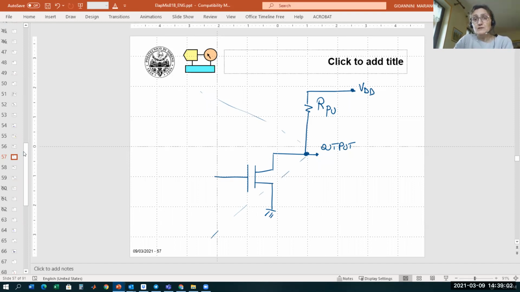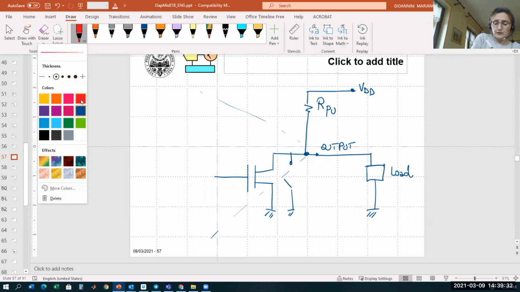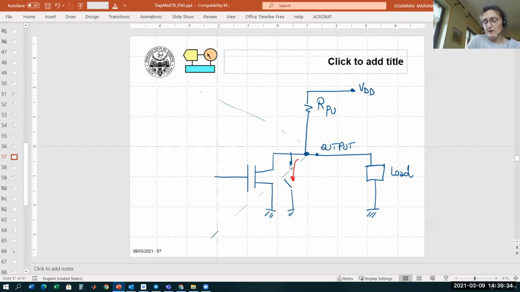So the problem, as your colleague is saying, is related to the case when we connect a load to this output. Let's assume we have the case when the output must be high. So when this output is high, we know that the MOS is an open switch. So we have no current flowing toward ground in this direction.